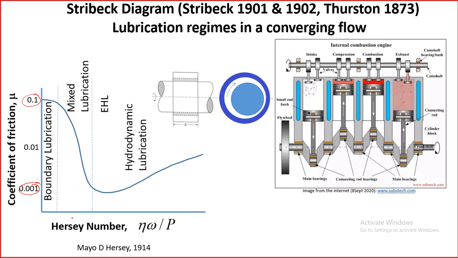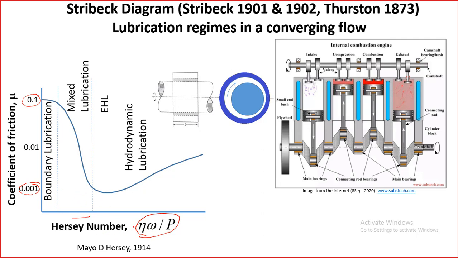And on this x-axis, we have the Hersey number, viscosity multiplied by the RPM divided by the pressure or the load, whichever. This is named after Hersey, but sometimes this number is also known as Sommerfeld number. So in the books you will find it sometimes written as Sommerfeld number or Hersey number.